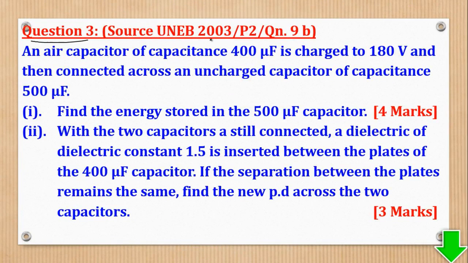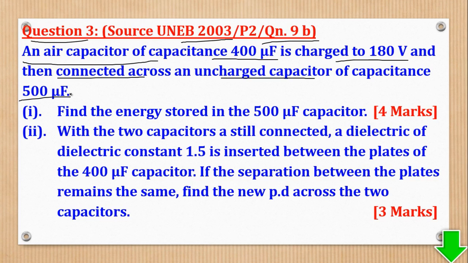Then question 3 came from UNEB 2003 paper 2 question 9b, and says an air capacitor of capacitance 400 microfarad is charged to 180 volt and then connected across an uncharged capacitor of capacitance 500 microfarad. Roman 1, find the energy stored in the 500 microfarad capacitor.